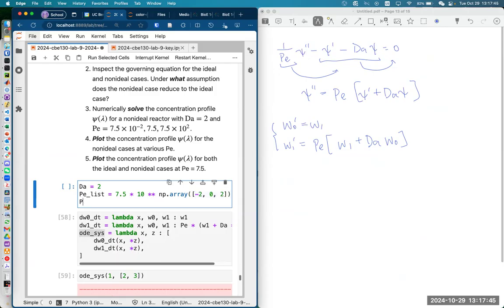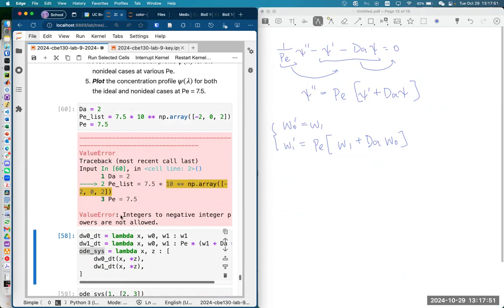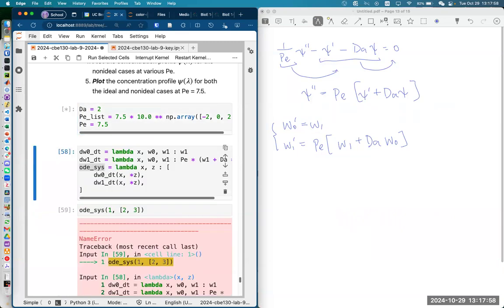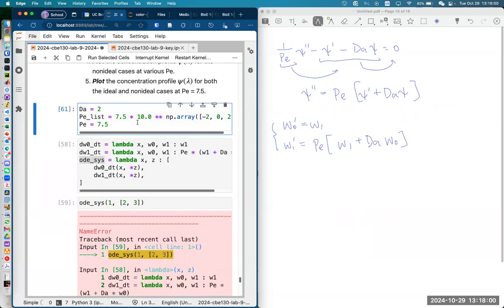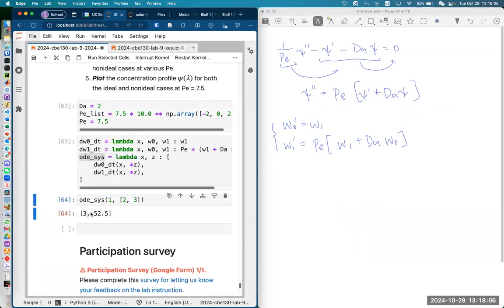Then let's just define the PE for now. We'll need to do a for loop. Here it says integers to the negative power is not allowed, so let's make the 10 a float. That should solve the problem. Okay, next, we can verify this actually works.